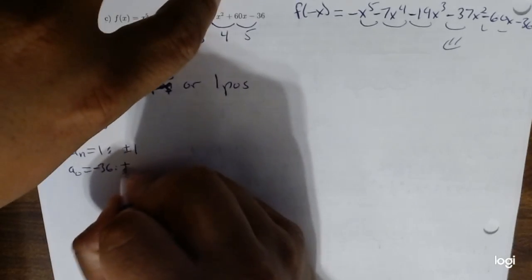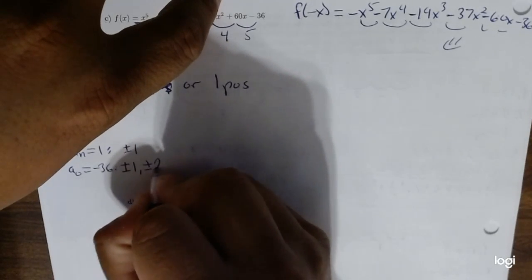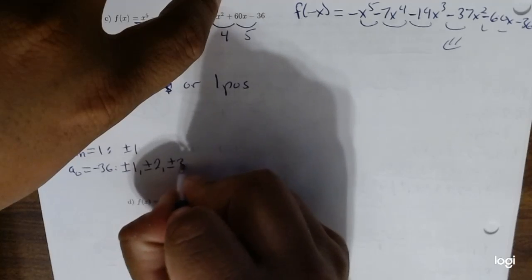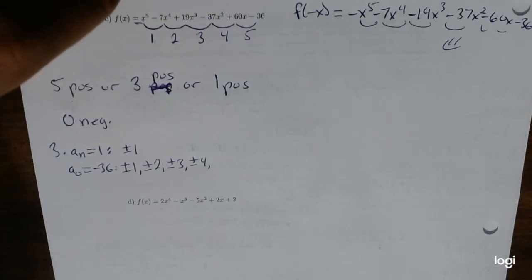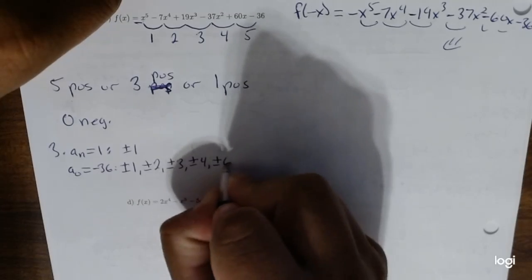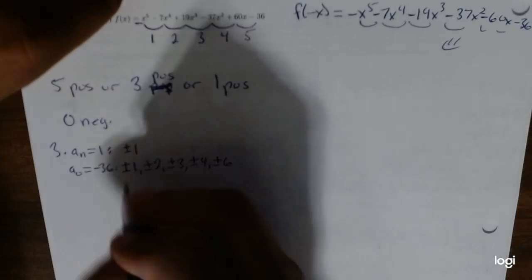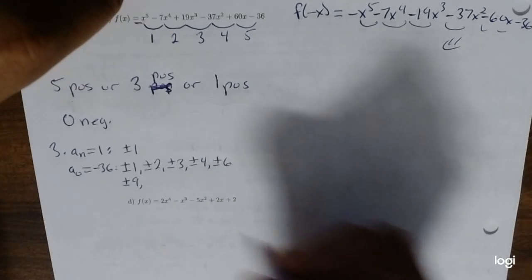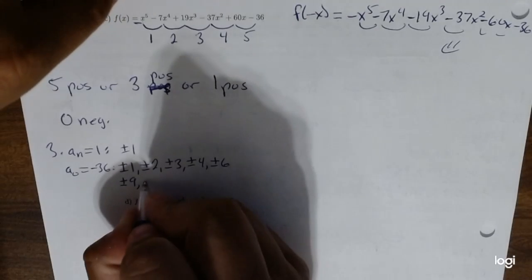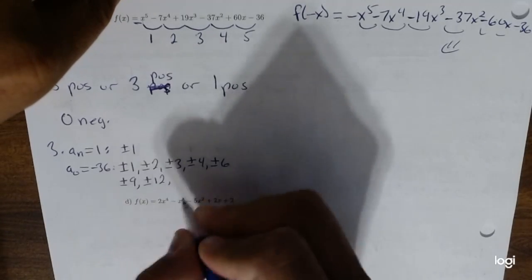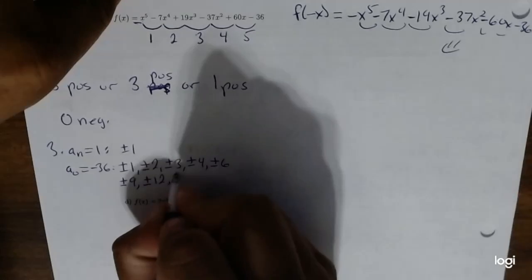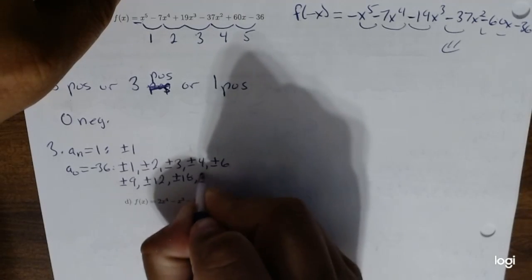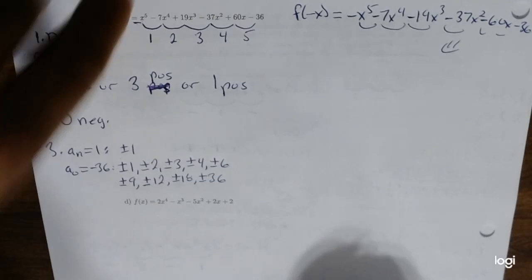So we have plus or minus 1, plus or minus 2, plus or minus 3, plus or minus 4. 5 doesn't go into it, 6 goes into it. 7, 8, 9 goes into it. 10, 11, 12 goes into it. And I think the last one that goes into it is 18. And then finally, also the 36 as well, right?